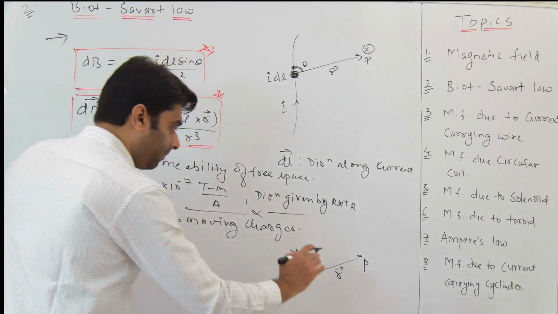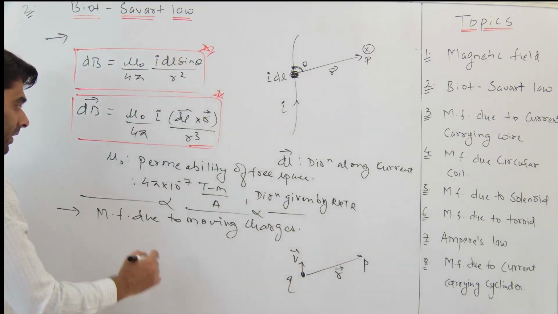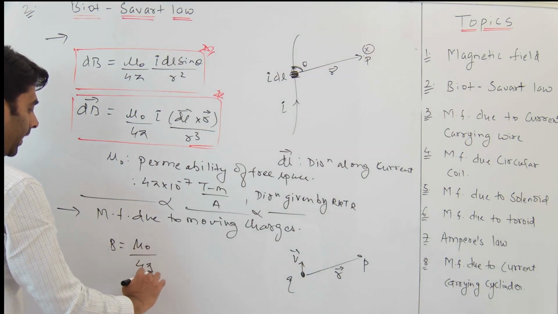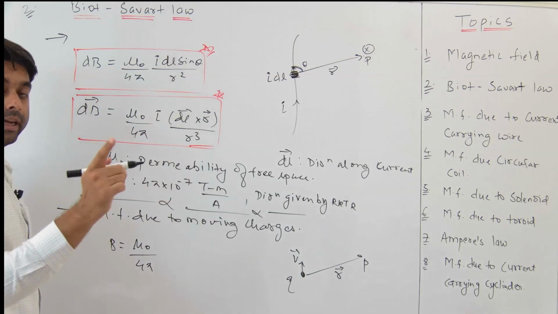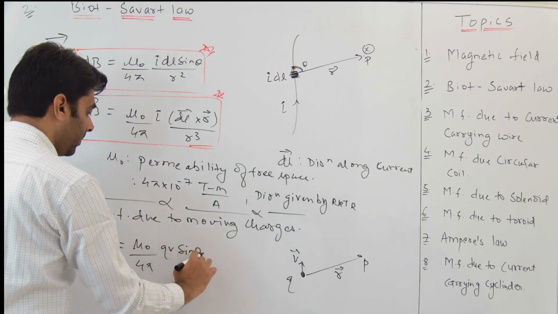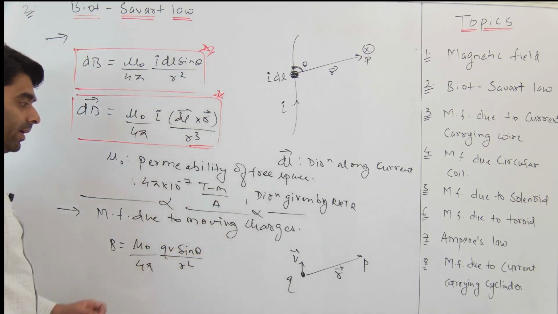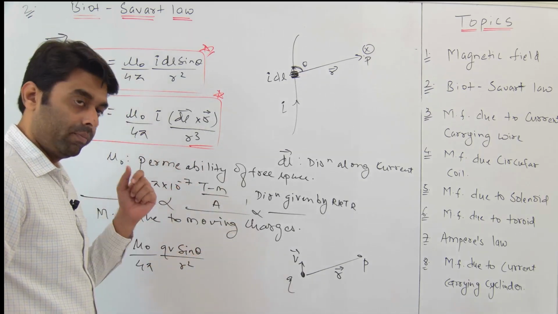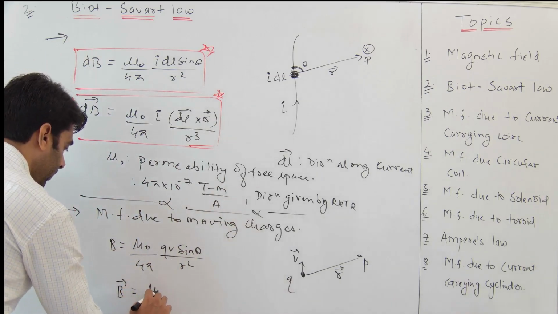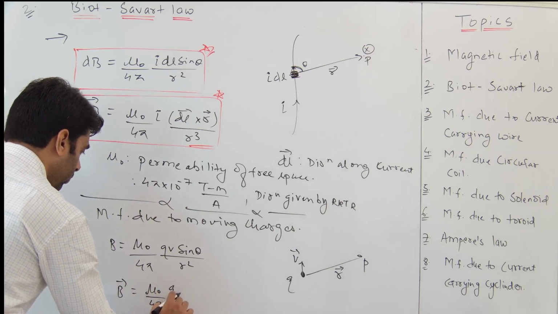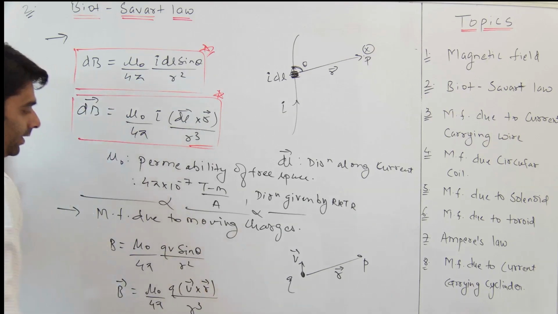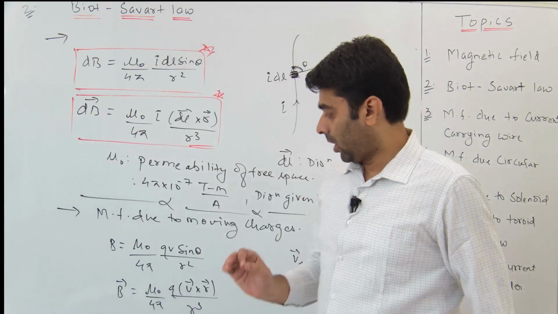So magnetic field at point P due to this moving charged particle is given as B is equals to mu naught by 4 pi. In place of I dl, you will get Q into V: mu naught by 4 pi QV sine theta by r square. This is your magnetic field due to a moving charged particle. We can write it in vector form also. B vector is equals to mu naught by 4 pi QV cross r by r cube, right? This is your magnetic field due to a moving charged particle.